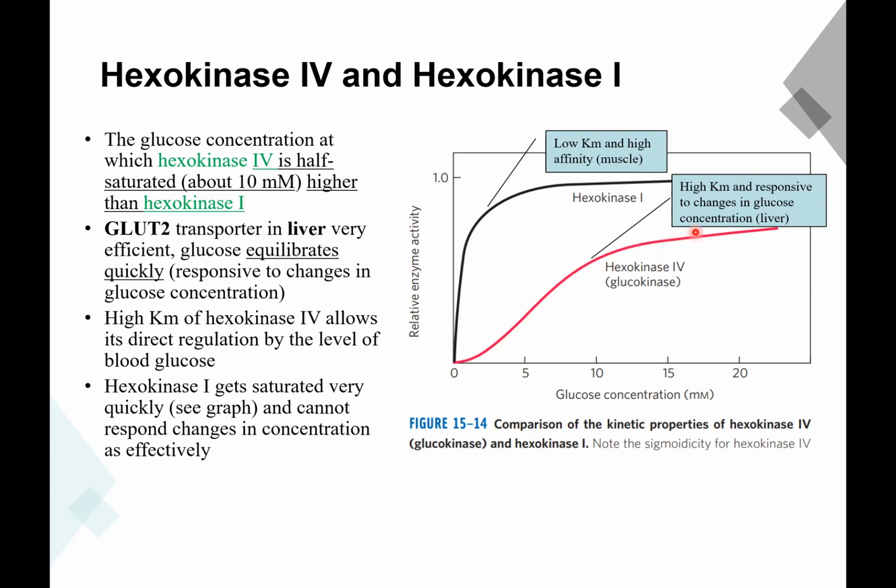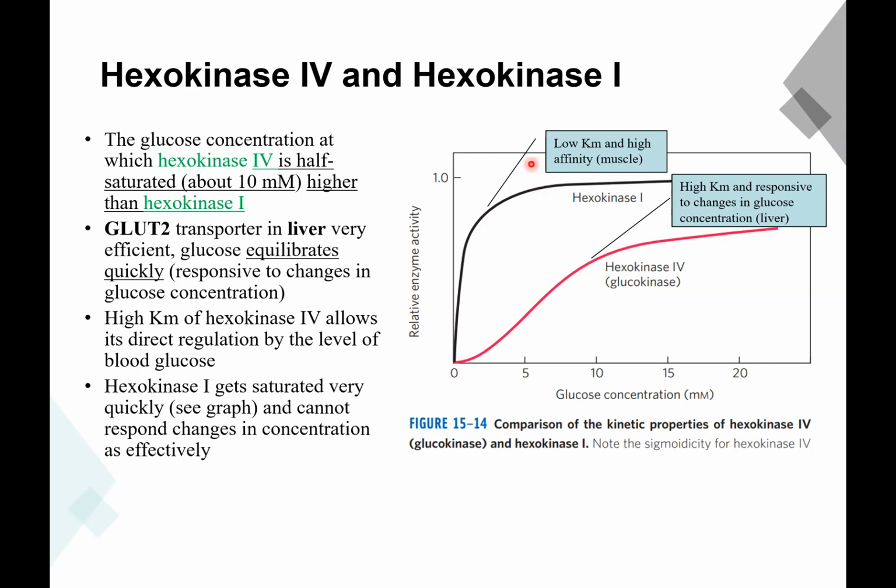We come back to this sigmoidal kind of graph, and we can see that hexokinase 4 would be capable of responding to changing glucose concentrations, much more so than this very high affinity Km, which is just going to bind as much glucose as quickly as possible, and then it's not really going to respond in any particular way as you head towards saturating concentrations.